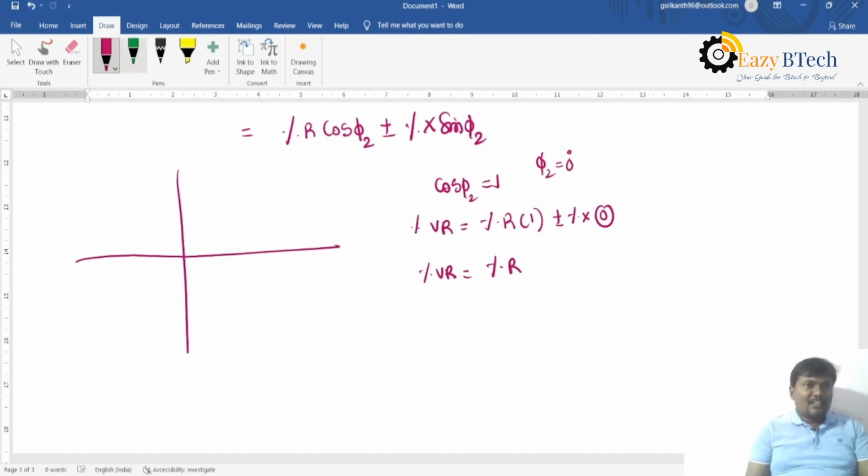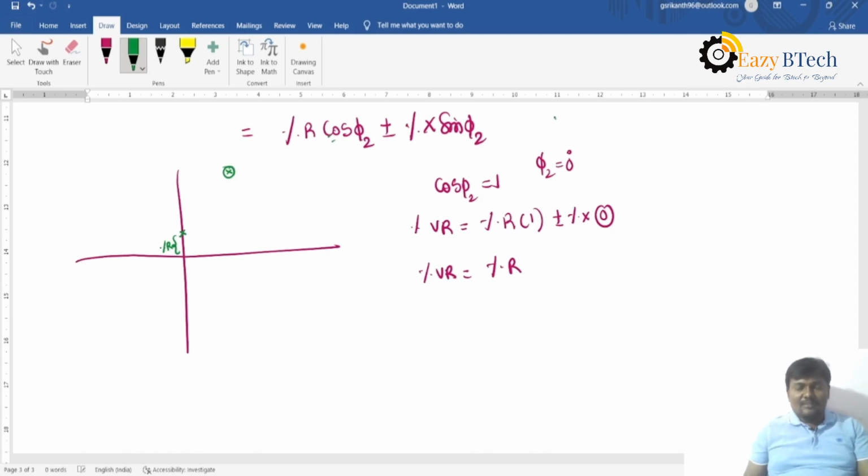So it has some magnitude, and that value is called the percentage R. When these two drops are added, then only it will be maximum.